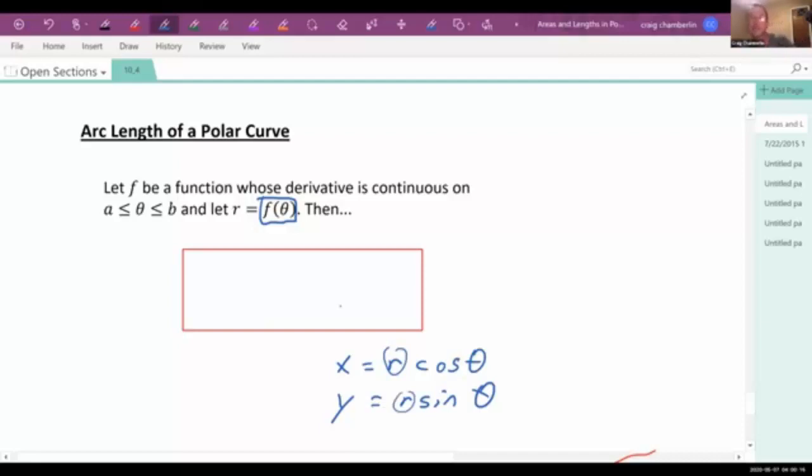So you can use that same formula to find arc length. S equals the integral from a to b, if θ goes from a to b, of the square root of, instead of (dx/dt) squared, it would be (dx/dθ) squared, because θ is the parameter. But other than that, it really is the same formula. And then (dy/dθ) squared, and then instead of dt, dθ.